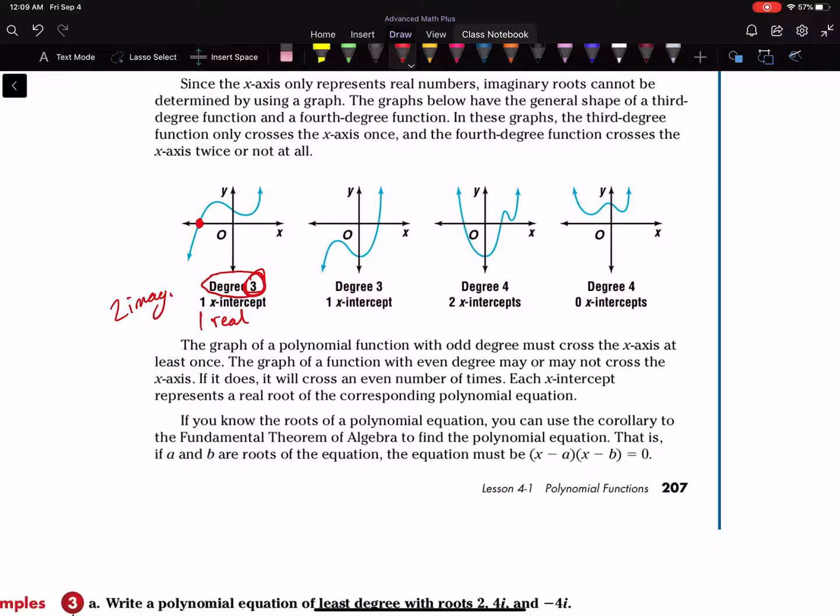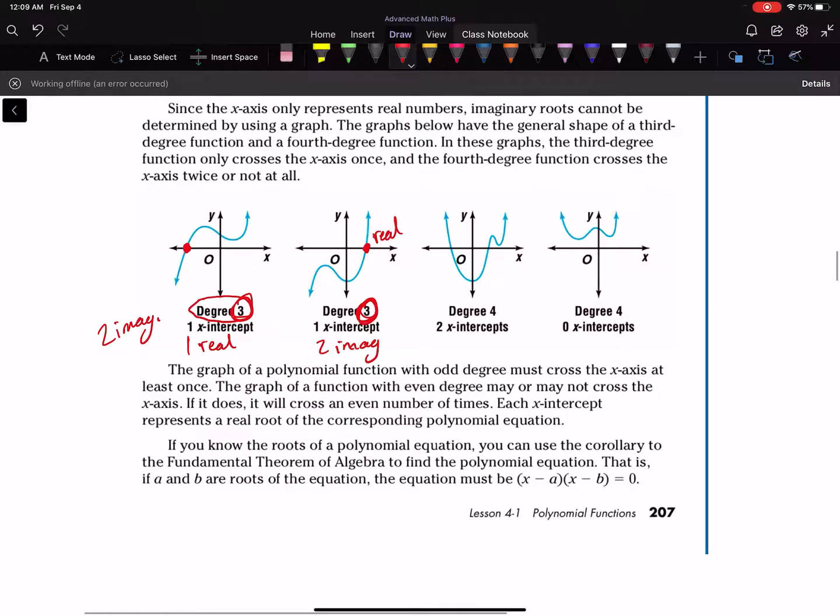All right, so this is another example. This is a degree of 3 also, and there's only one x-intercept. This is the real solution. And we don't know what the 2 imaginary are, but there've got to be 2 imaginary because we've got to have 3 total. Okay, degree of 4 right here. It crosses the x-axis twice, so there are 2 real, which means there must be 2 imaginary as well.